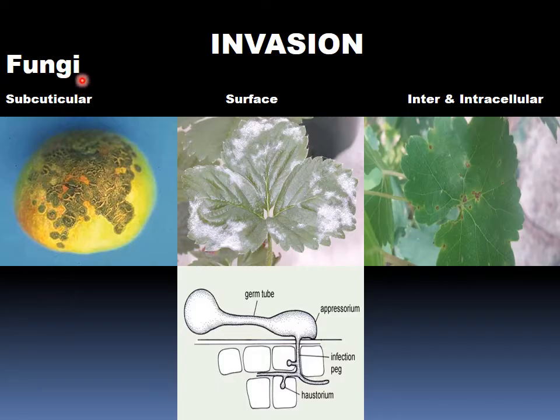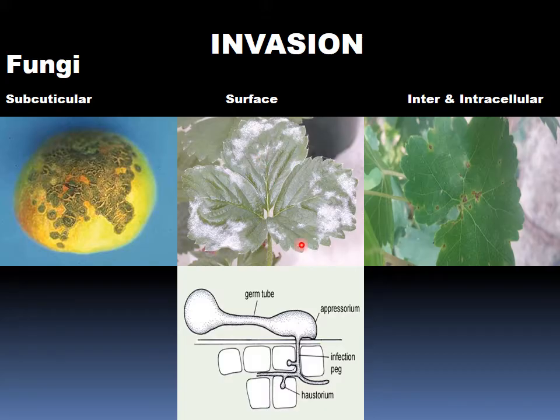For example, in the case of fungi, some of the fungi remain confined to the upper epidermis or subcuticle. Like in the case of apple scab, where only the top of the tissue is infected, while the rest of the tissue remains healthy and the hyphae never move down. In another case, we can see the mycelium present on the top of the leaves, and we can see a whitish silky growth of the mycelium.